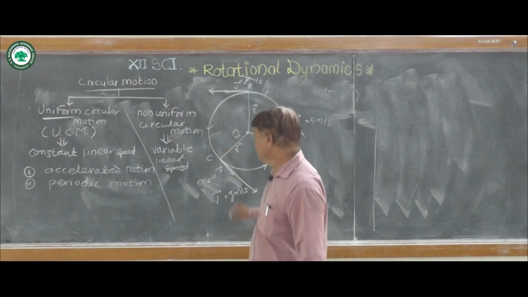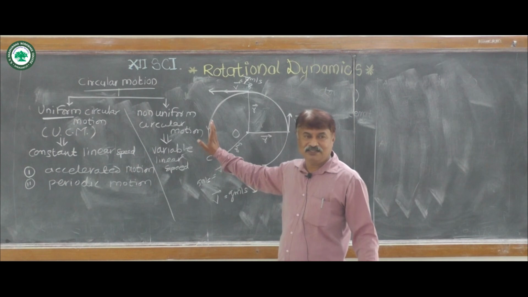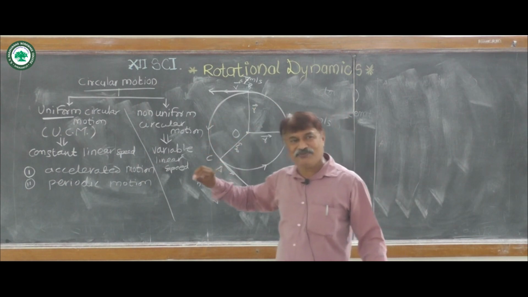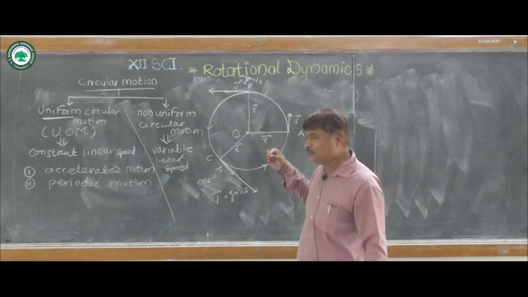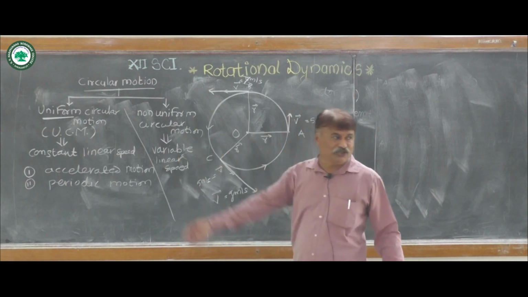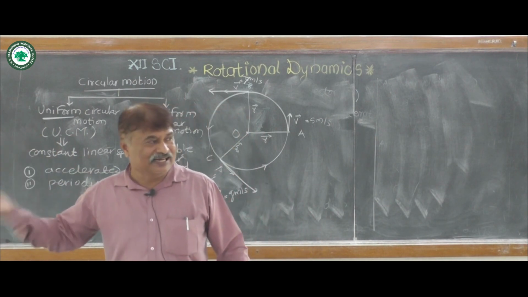So we can say that in case of non-uniform circular motion, the linear speed as well as linear velocity both are changing. Linear speed changes in magnitude, and linear velocity changes in magnitude as well as direction.